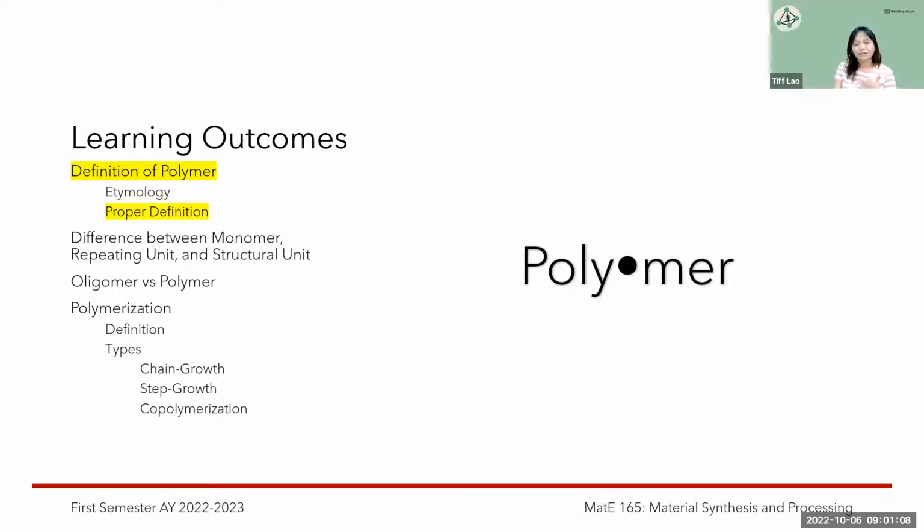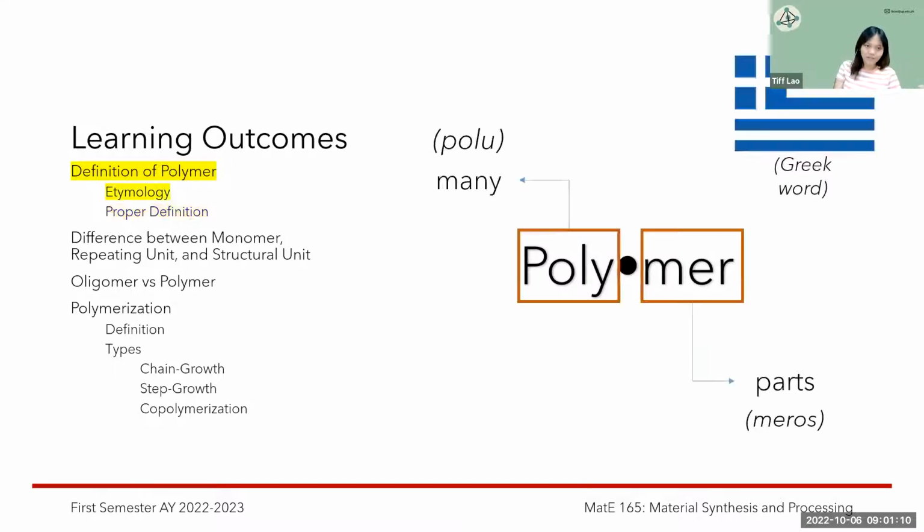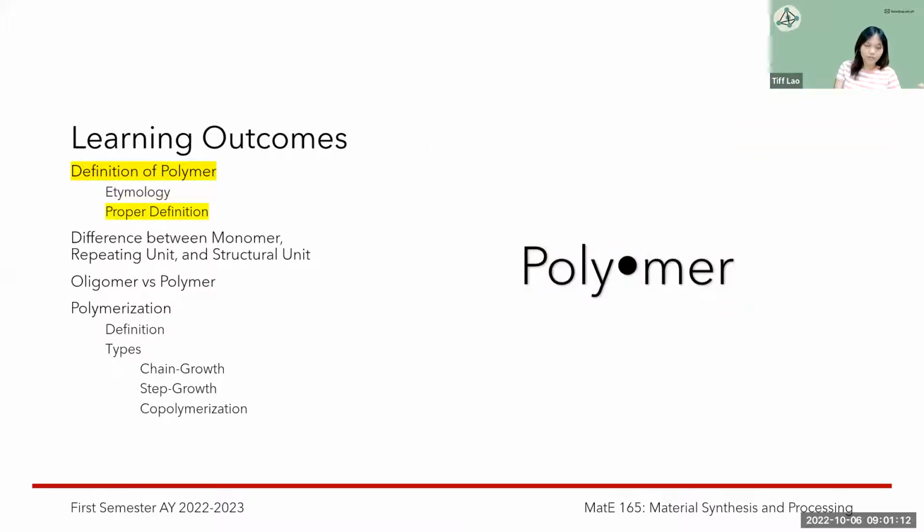It's many parts because if you look at the structure, a certain part just keeps repeating until you form what we call a macromolecule. Macromolecule is another term for polymers. So if you hear about macromolecule, it's just polymers. Gets?